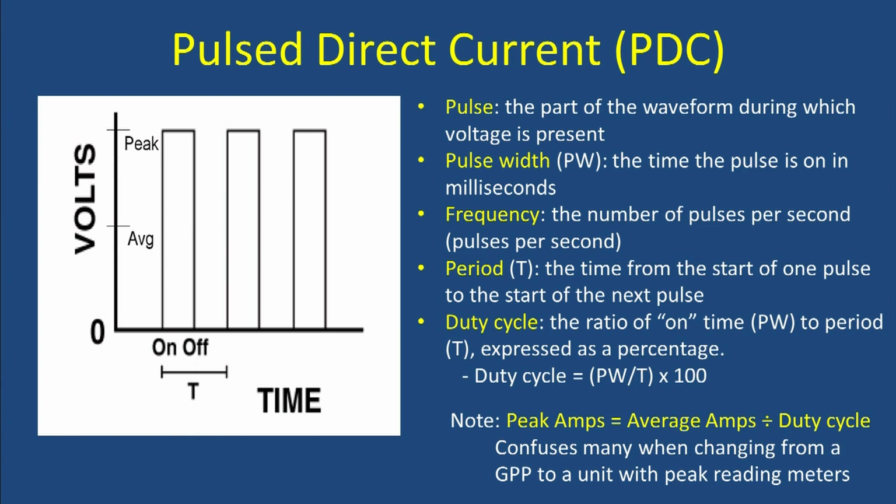There are numerous calls to the manufacturer on this, where they're used to 2 or 3 or 4 amps, and then all of a sudden they're seeing 16 amps on their new machine, and they think they're blowing their machine up. But at a 25% duty cycle, peak is going to be 4 times average. So on a GPP, you're talking average. I do want to say also that there's a nice blog at electrofishing.net about what your ammeter is telling you.